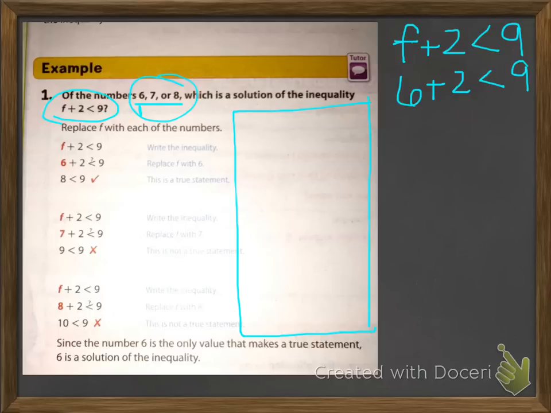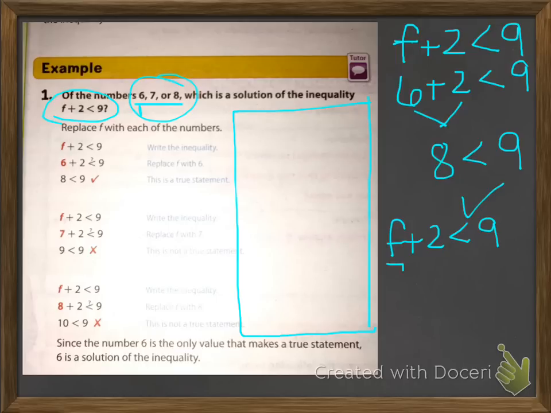And now I'm going to solve this. 6 plus 2 gives me 8. And I'm going to check, is 8 really less than 9? It actually is, so I know that this is a true statement. It is a solution. If you look at the next one, we've got f plus 2 is less than 9. Once again, I'm recopying the original inequality.